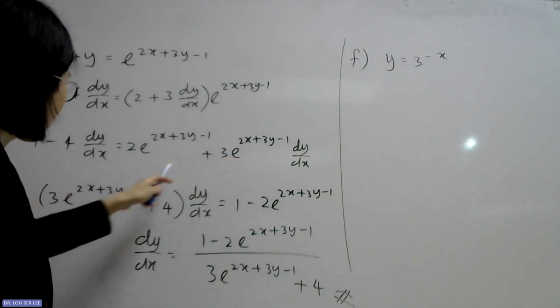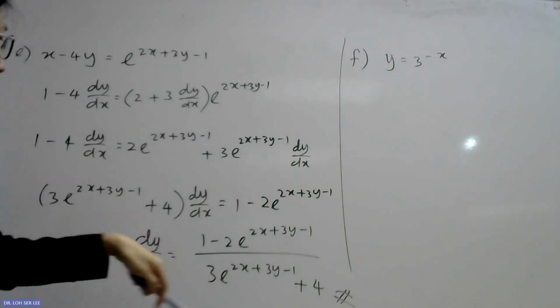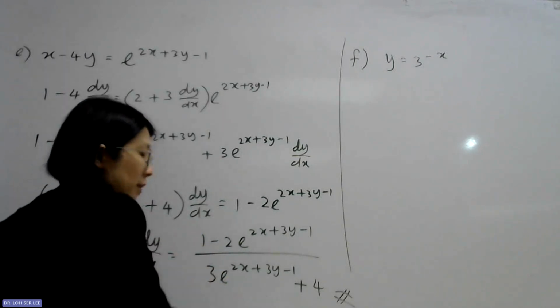Not to here, this one to here, that means you have a negative; later on you can factorize the negative, you will still get the same answer.